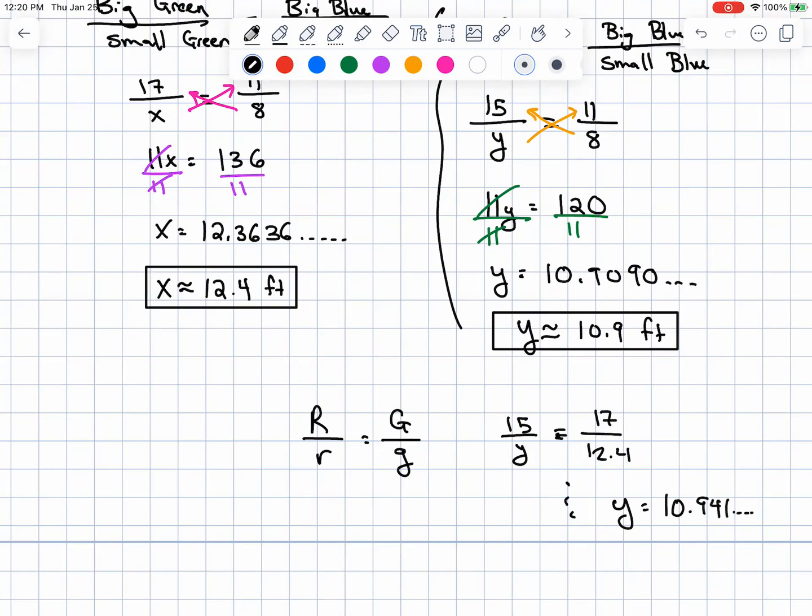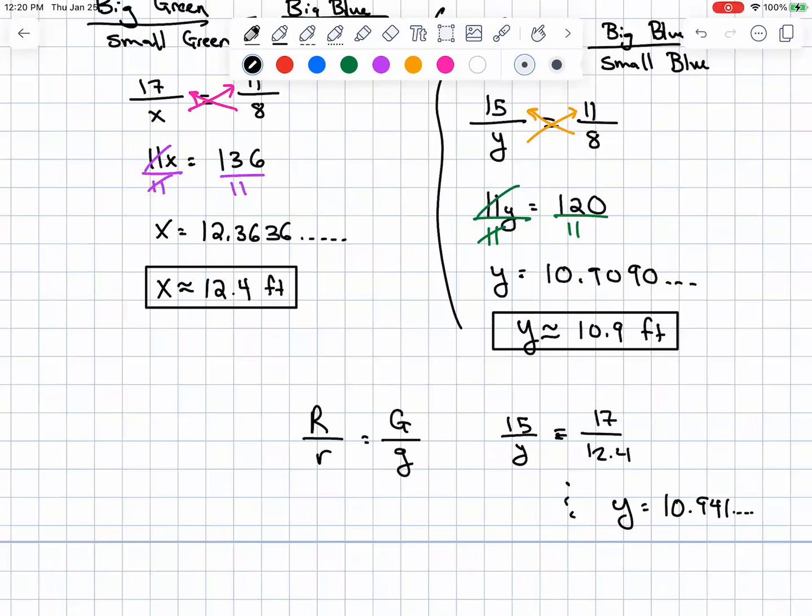So you would actually end up with the same answer, but that wouldn't necessarily be guaranteed. It could end up being that you get 10.95, which you'd round up, and then you get the wrong answer, but it's close enough for me. I would rate it as full credit on an exam. Canvas would mark it wrong, but you could let me know and I'd give you full credit back. So it is 10.9 because we're rounding to the nearest tenth.